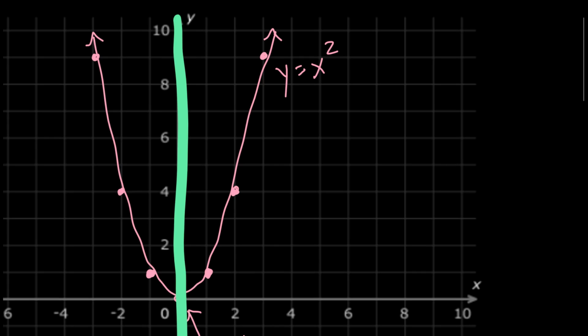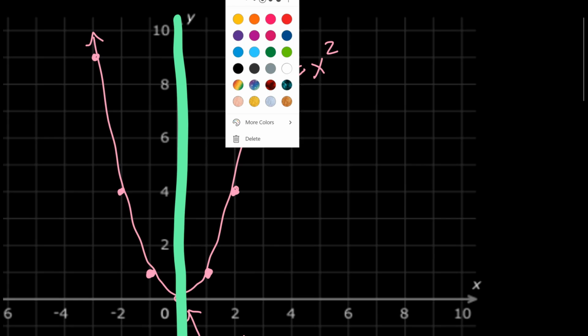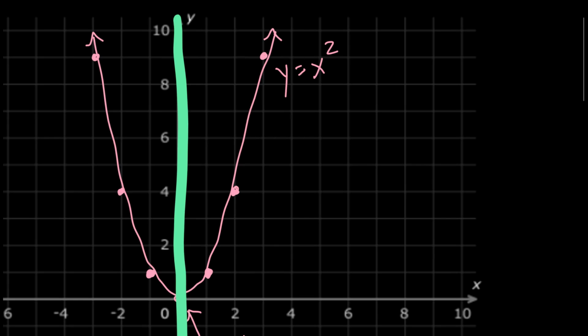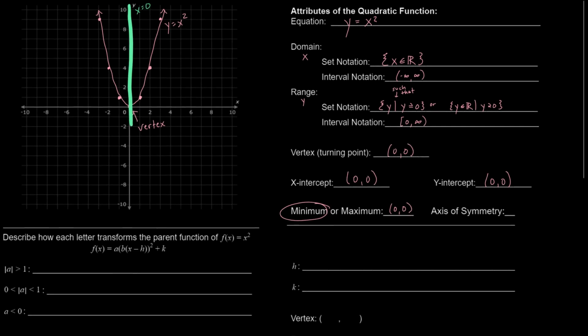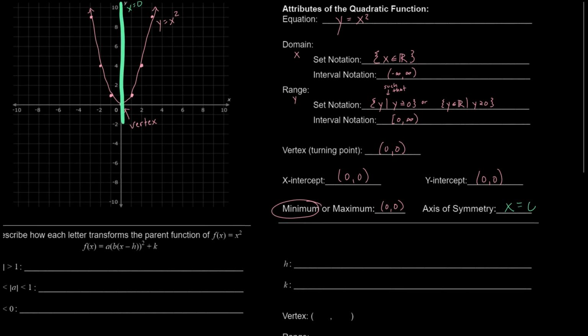So you can fold it right here and have everything line up. So this axis of symmetry passes through which axis? The x. So it's going to be x equals something, and at what point does it pass through? 0. So it's x equals 0. This is the line x equals 0.